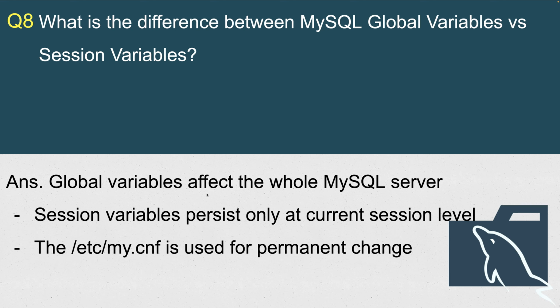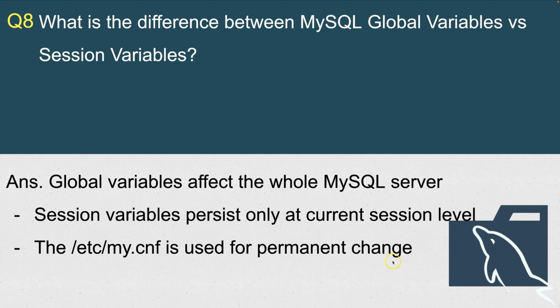The global variables affect the whole MySQL server, and the session variables persist only at the current session level. So even if you run the set global command, that change will not persist after your MySQL host is restarted. In order to make it permanent, you make this global variable entry in the etc/my.cnf file.